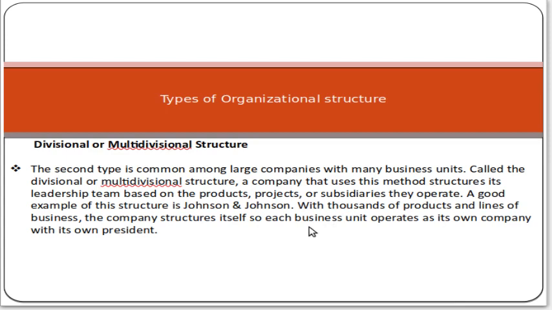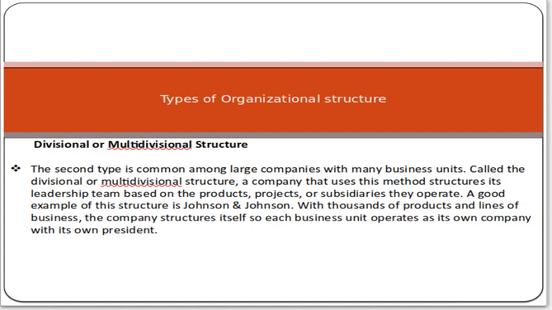Divisional structure means, for example, a company which has many divisions based on the products or projects the company is working on. For example, one division for one particular product, like Johnson and Johnson. Every division has its own responsibilities, its own funds, and works accordingly. So every division is independent, and every division can make its own decisions.